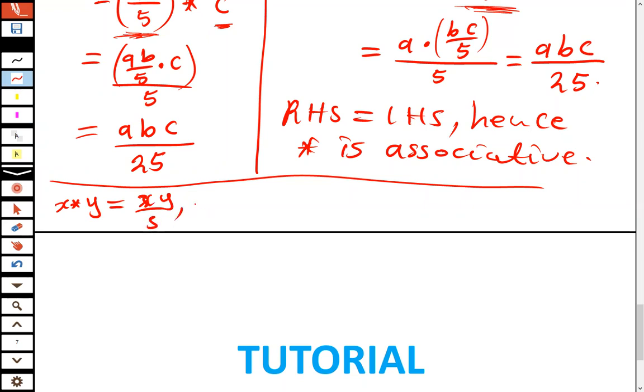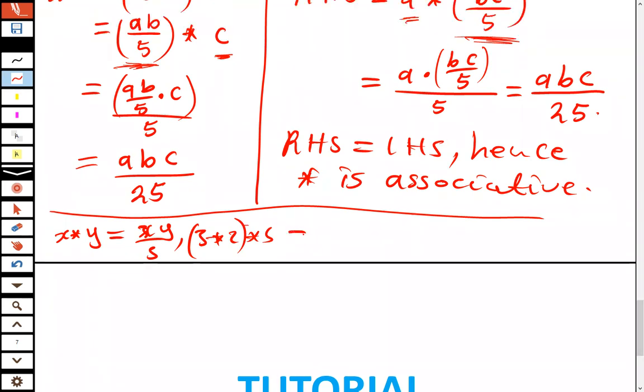So to find 3 star 2 star 5, the brackets are here. Okay, so we first deal with what is in the brackets. What is in the brackets, we have 3 and 2. So we multiply 3 times 2 over 5. Then everything we say star 5.